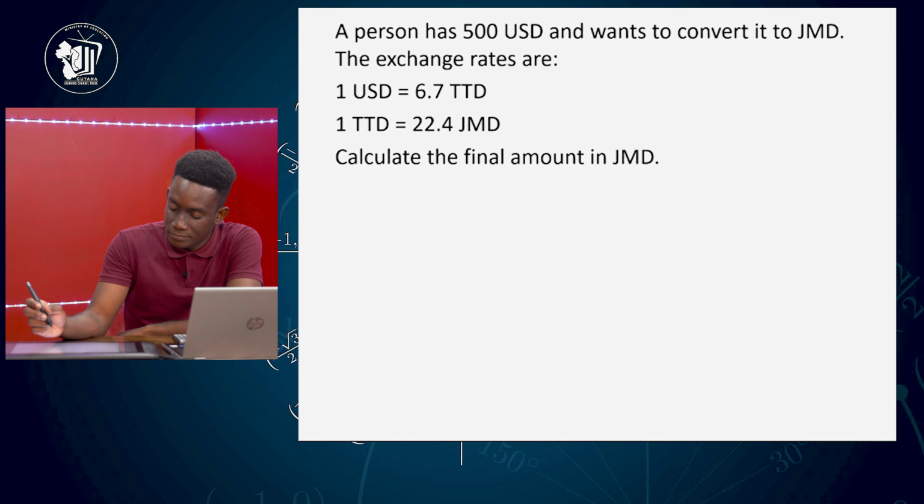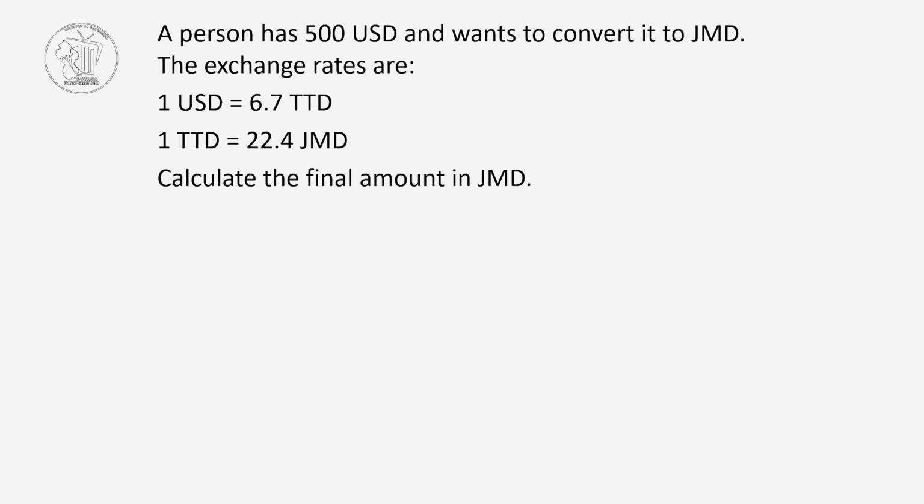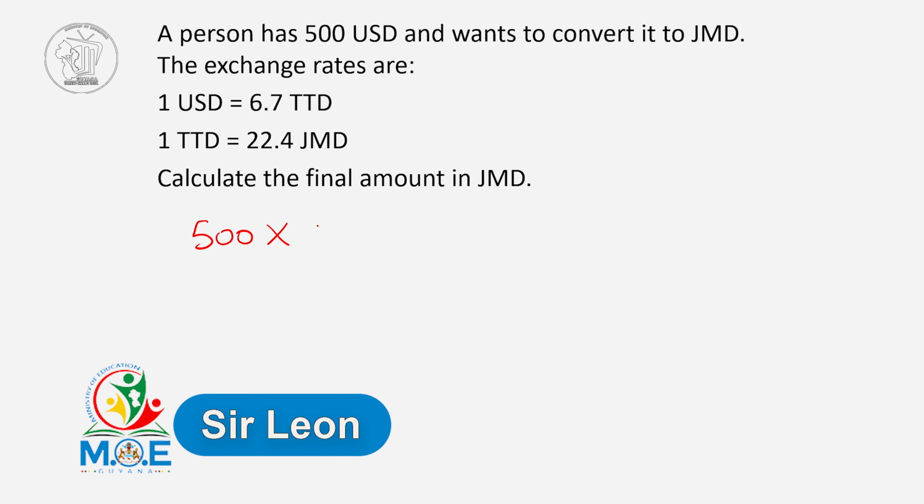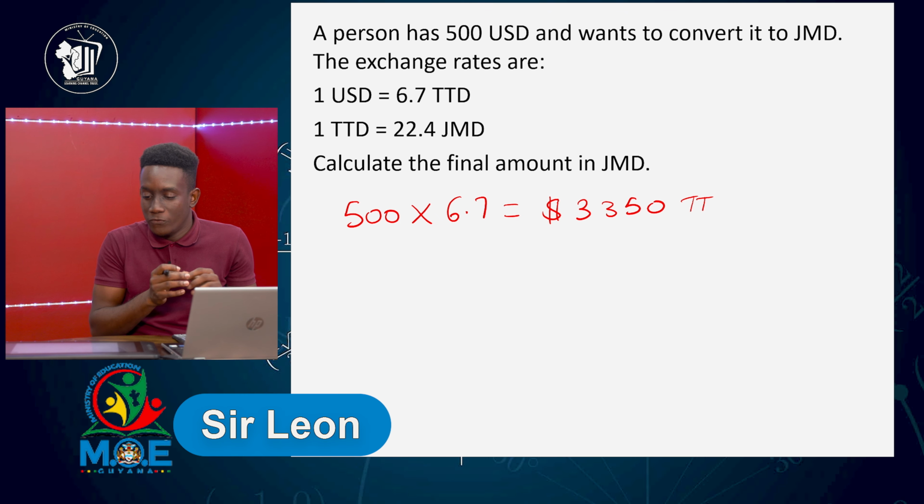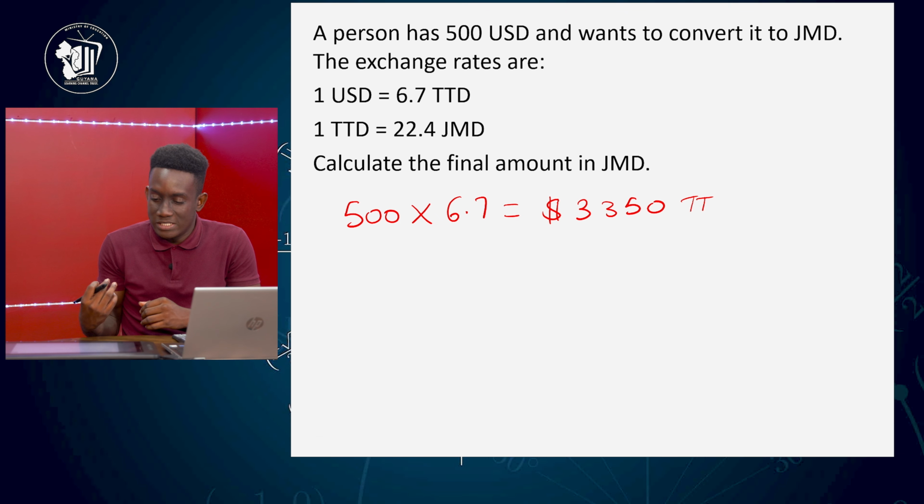So to convert 500 US dollars to TT would be 500 multiplied by the conversion rate, which is 6.7, and this would give us 3,350 TT. So we have now converted 500 US dollars to TT.